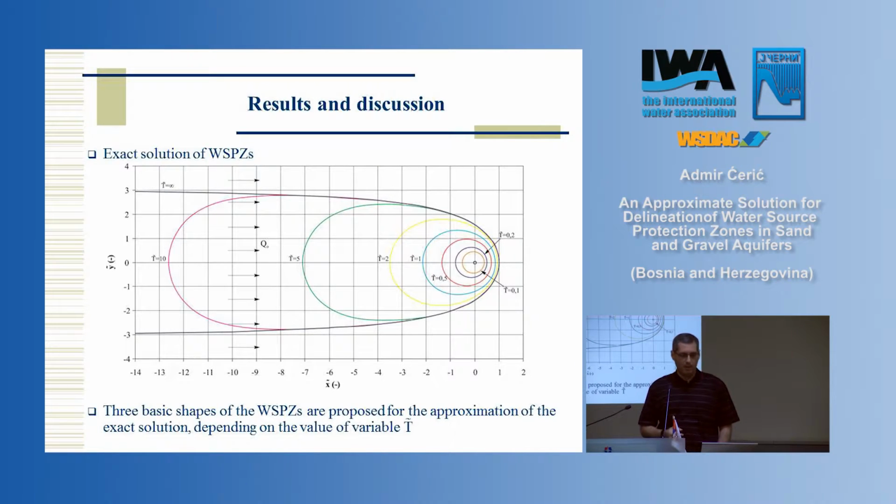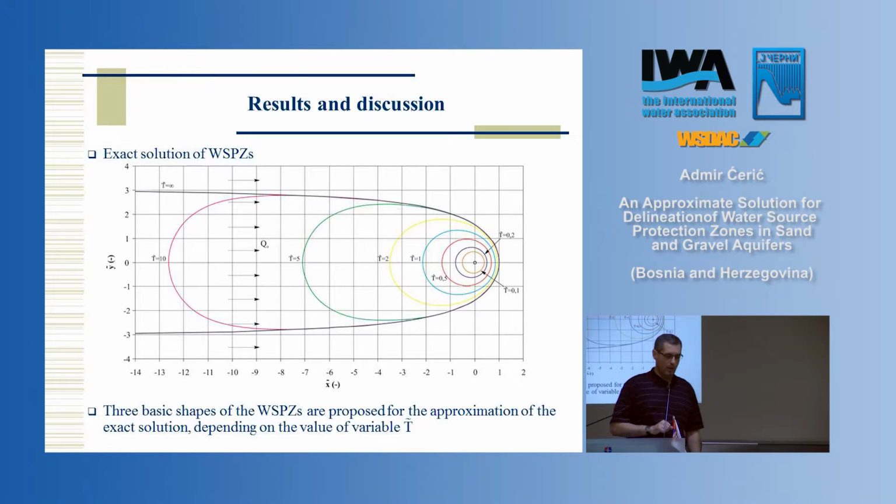So this is a graphical presentation of the initial equation on the last screen, which presents a number of water source protection zones for different values of this dimensionless residence time, T tilde.